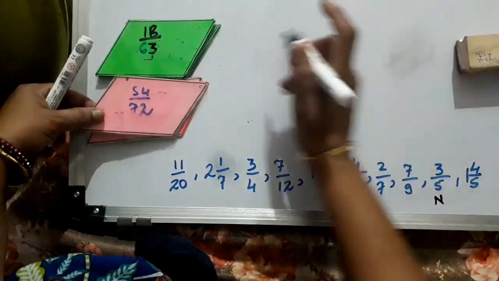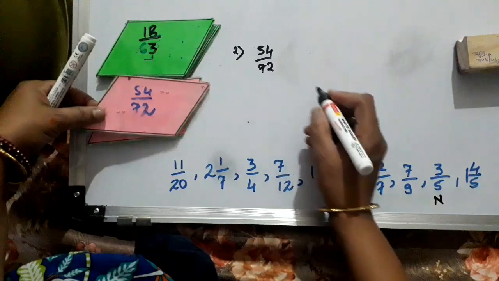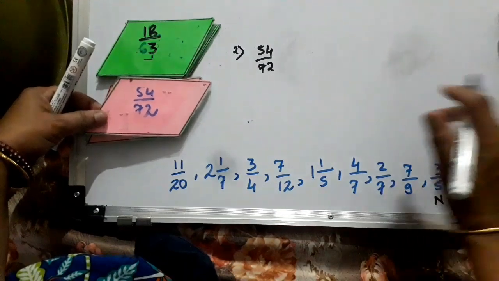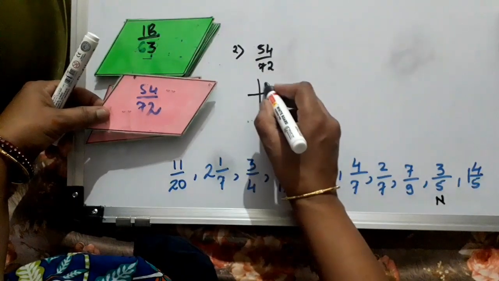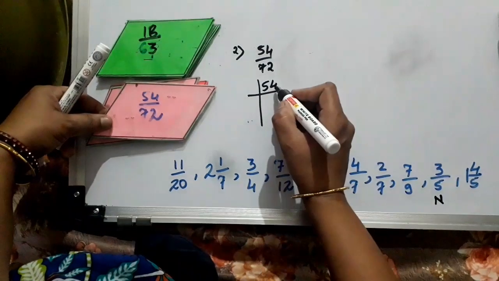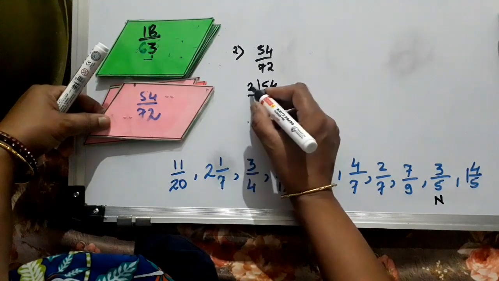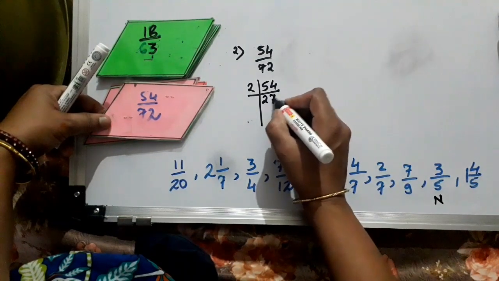54 upon 72. Remember that our aim was to prime factorize the number. So I will go for only the prime factorization method. The number is even, so it's divisible by 2. When you divide 54 by 2, you will get 27.